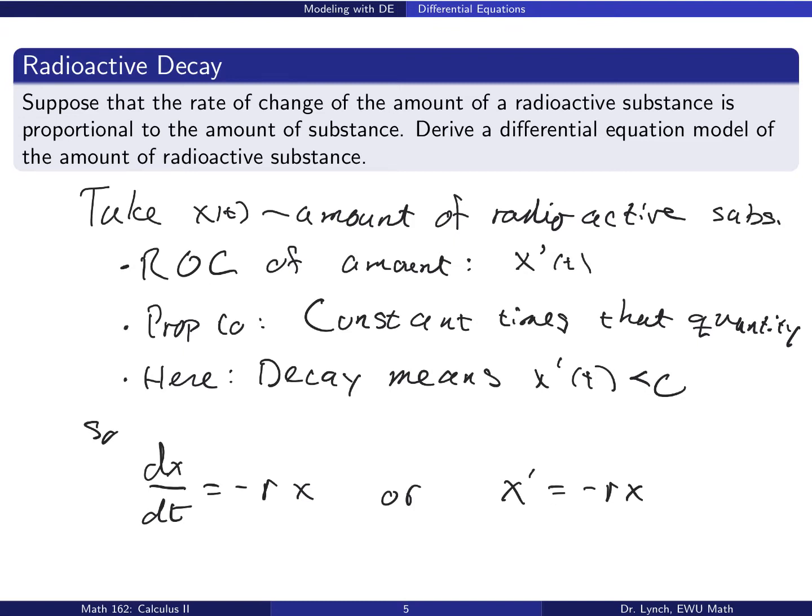We know that proportional to means a constant times that quantity. And one slight difference here, we have a decay process, which means that the amount of stuff is decreasing. Of course, we know if something is decreasing, its derivative should be negative, right? So we'll take dx/dt equal to minus rx, or maybe x prime equals minus rx. Okay, and again here, the unknown function is x of t.